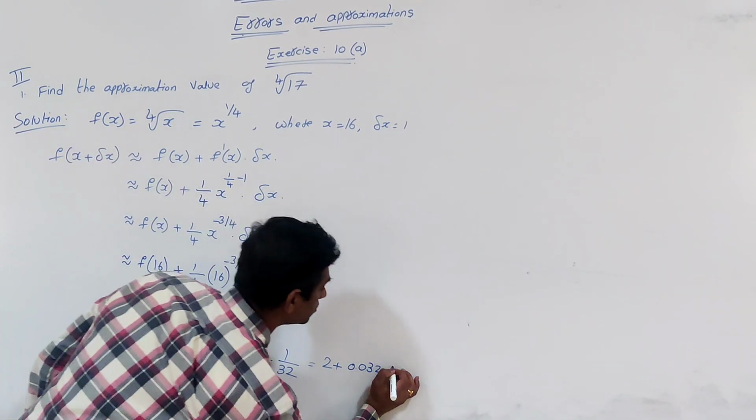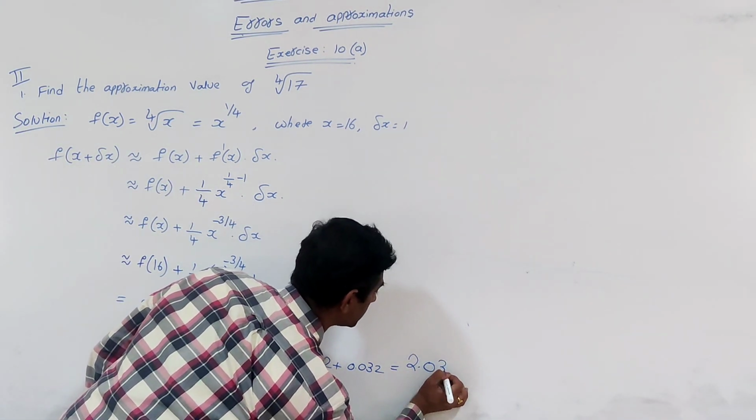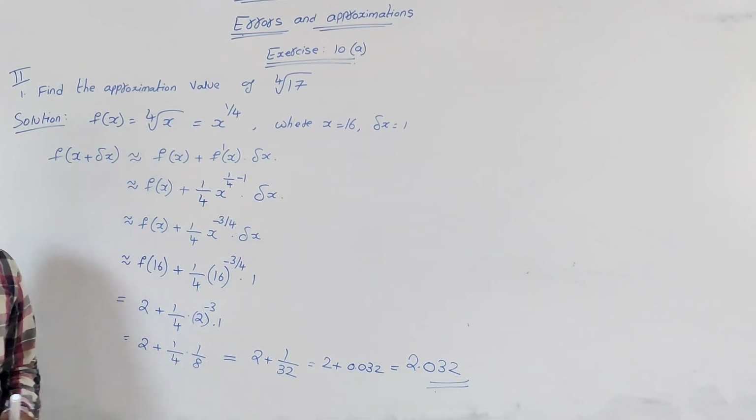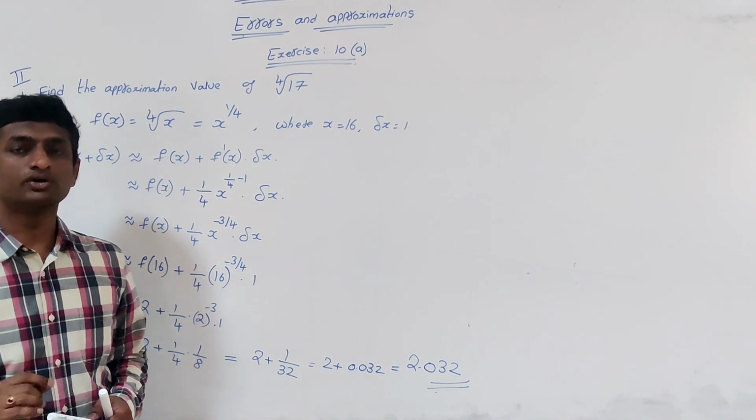So that gives 2.032. So that is the approximate value of 4th root of 17.